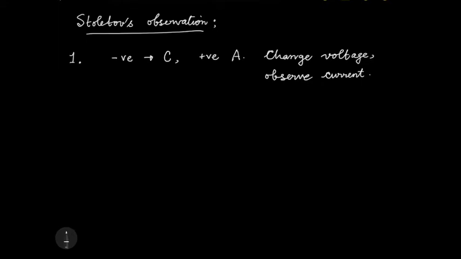It's called IV characteristics, or voltage-current characteristics. Here voltage is my control variable and I is the current. So what did he do? He changed the voltage, and it was observed that there is some current at V equals 0.